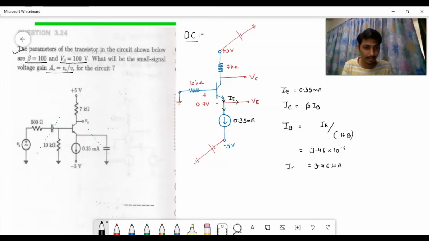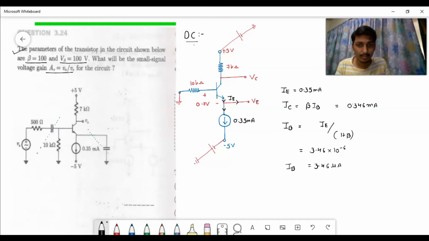This is your IB current. IC equals beta IB, which is 100 times that, 0.346 milliamps. So all these currents we have found.